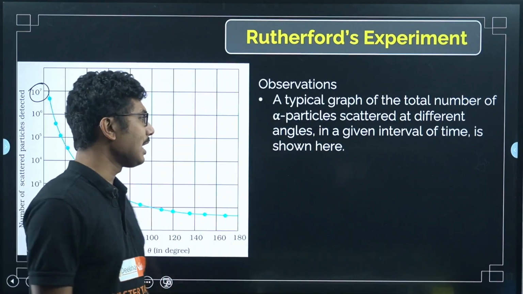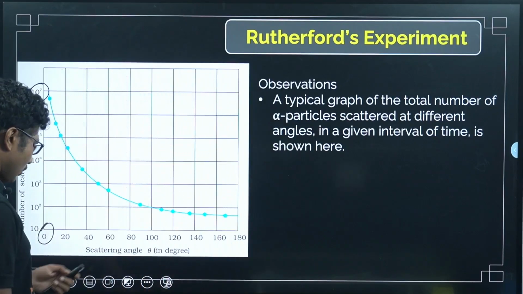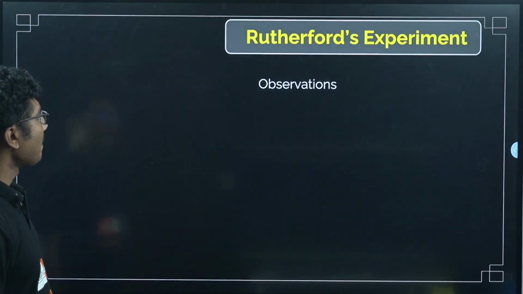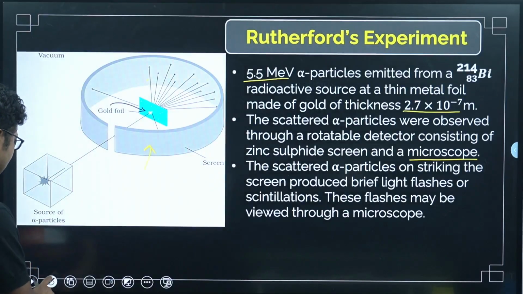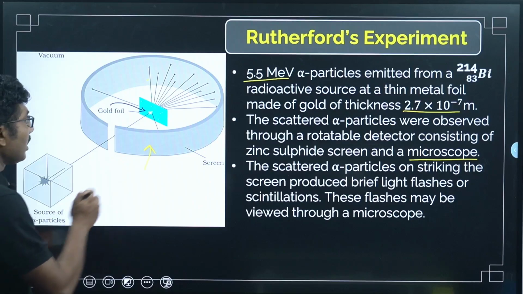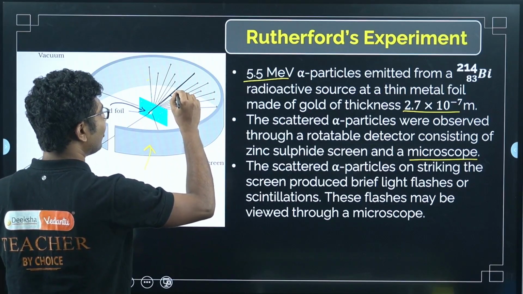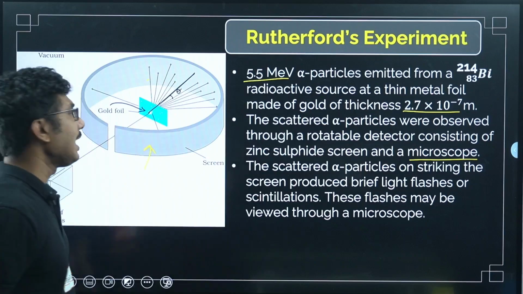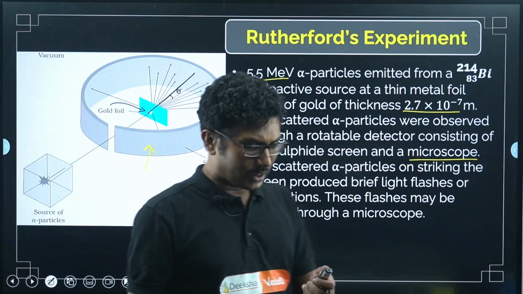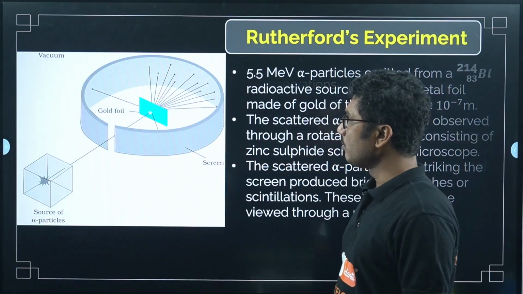What is the meaning of that? If you consider this the straight path, then this is the angle of scattering.